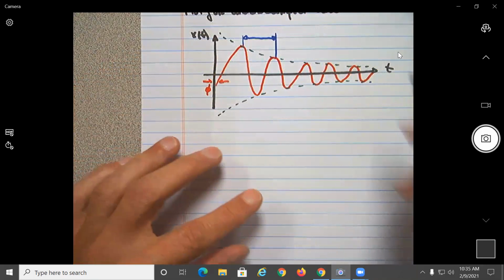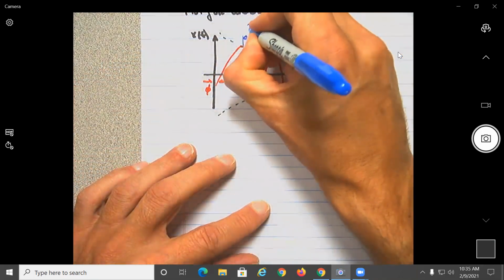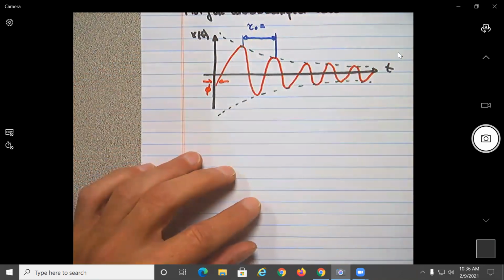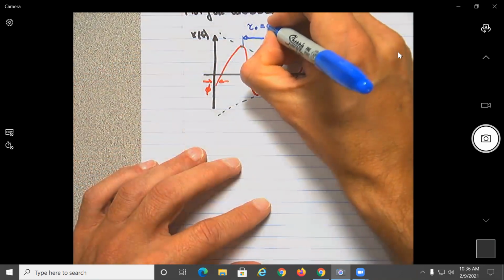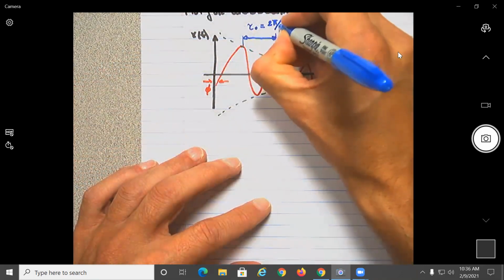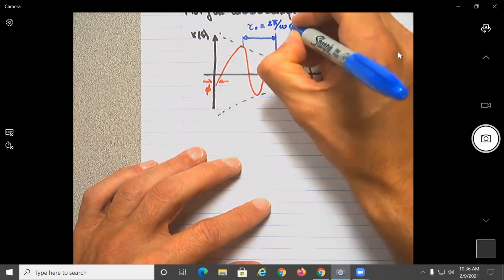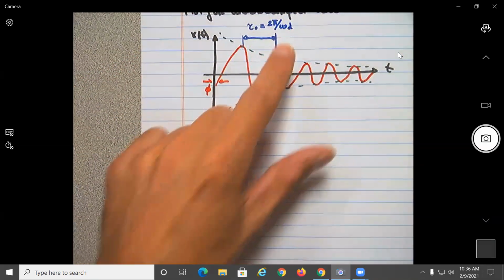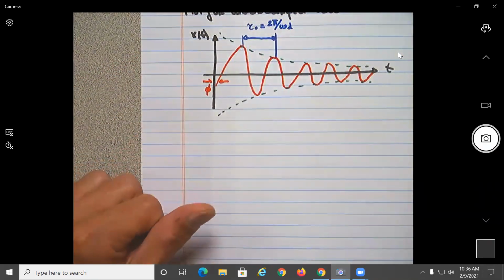So this is the period. So the period tau sub naught is equal to 2 pi divided by omega n when it's no damping. But when it's damping, it's divided by omega d.